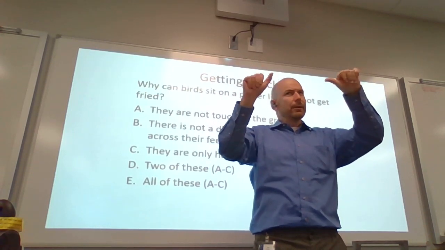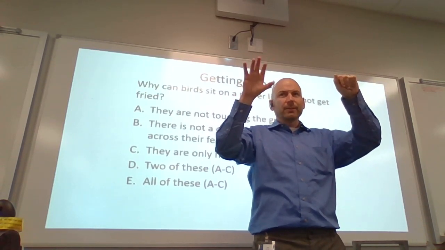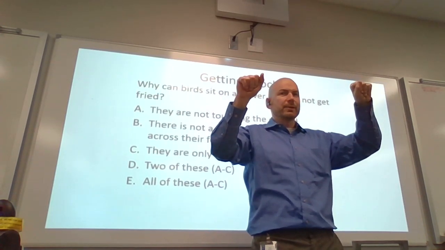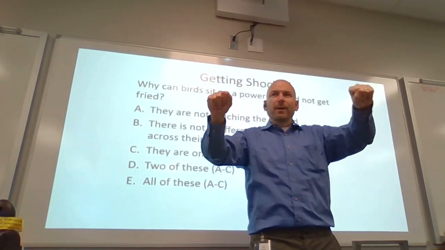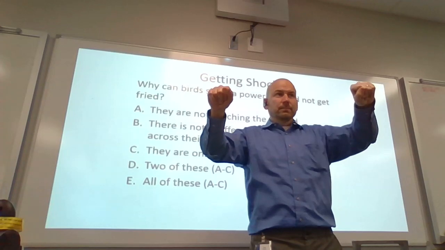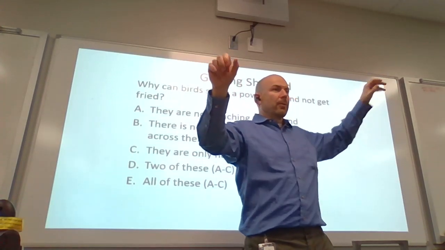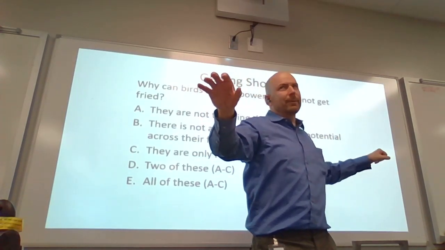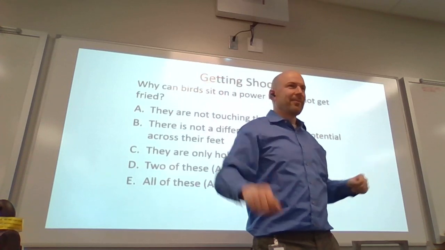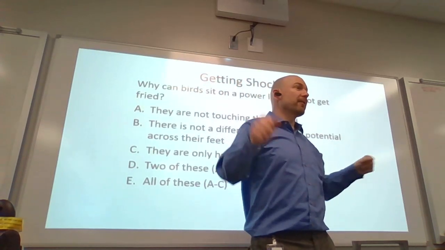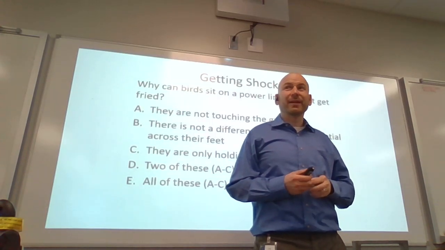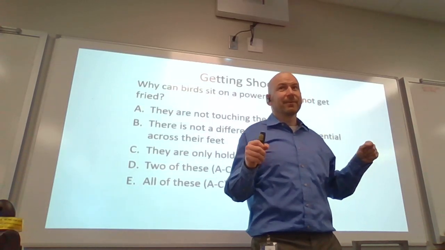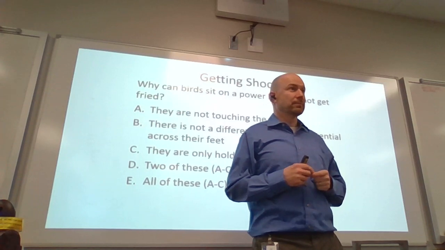There is no difference of electric potential from this foot to this foot. So there's no reason why the current would want to go through the bird's body. And if somehow the bird could straddle another wire, that would be bad too, because there would be a difference in electric potential. Good with that? It's the difference that makes all the difference.